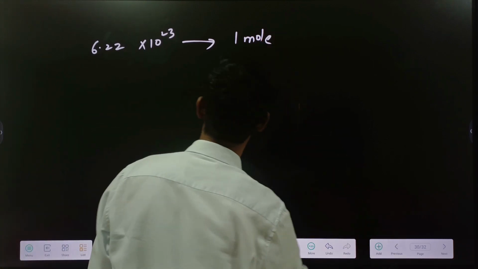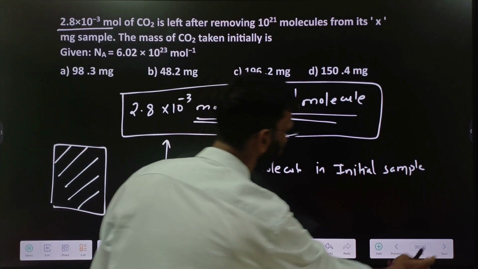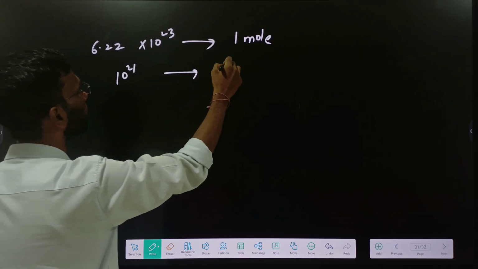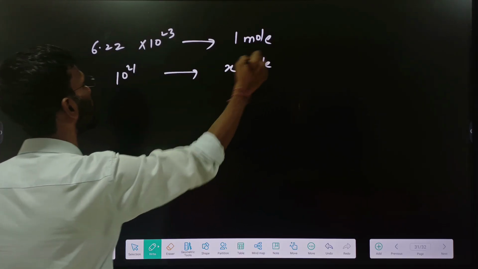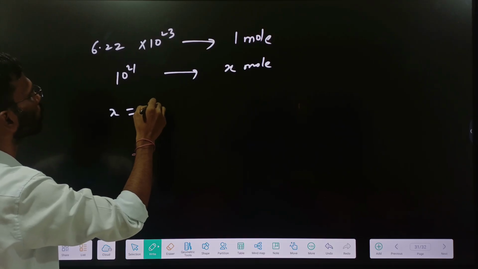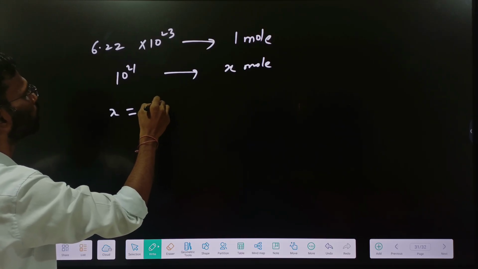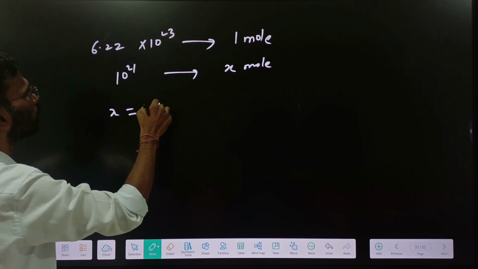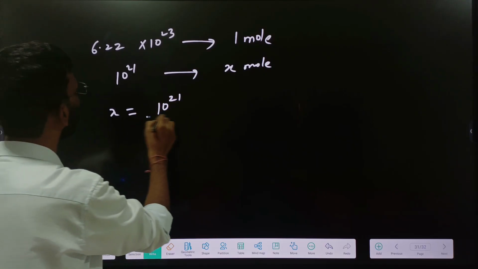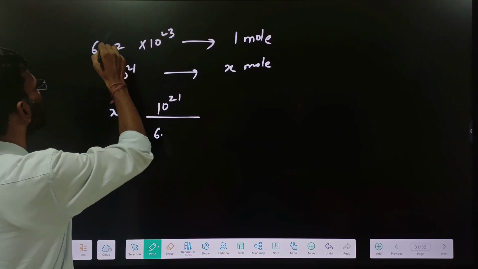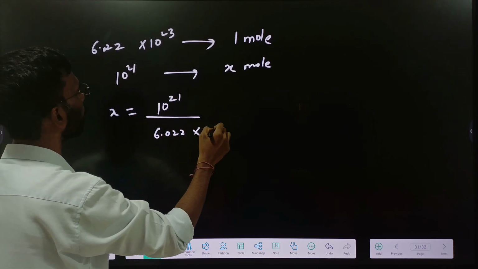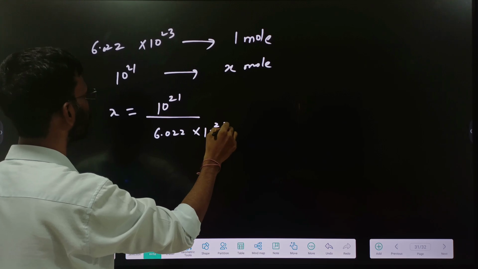And what is given in the question? 10 raised to 21 molecules is equal to x mole, right? X is equal to 10 raised to 21 divided by 6.022 into 10 raised to 23.